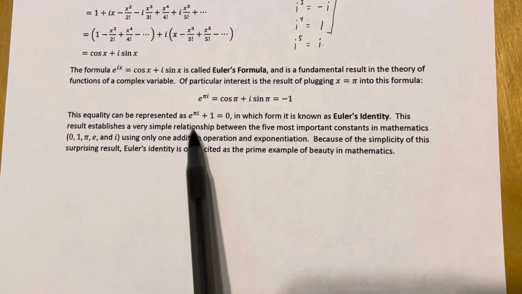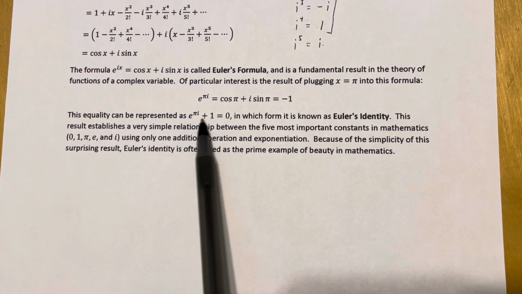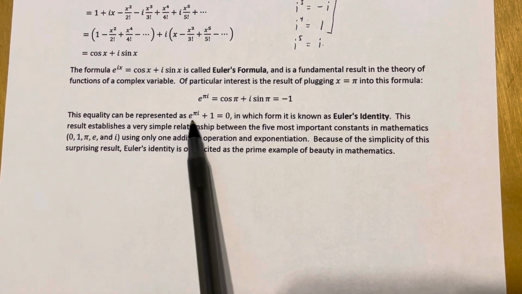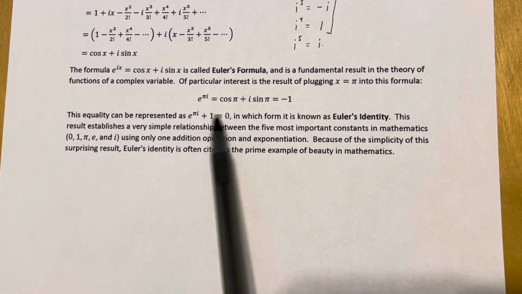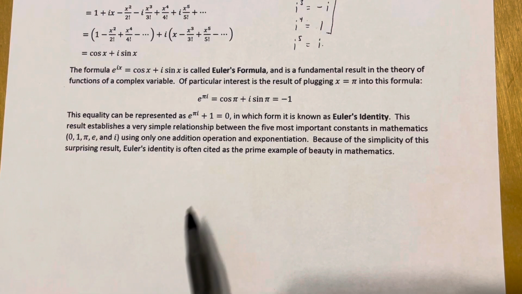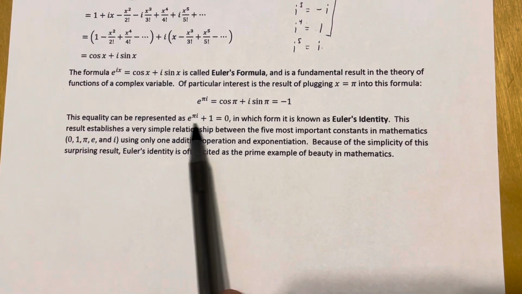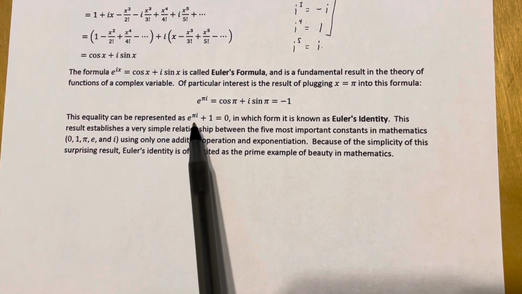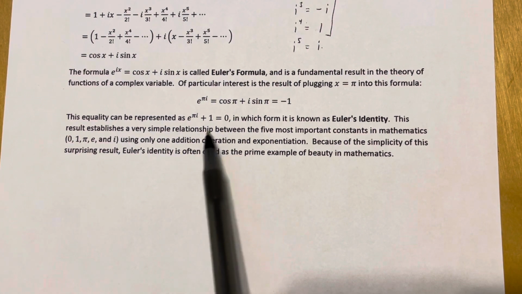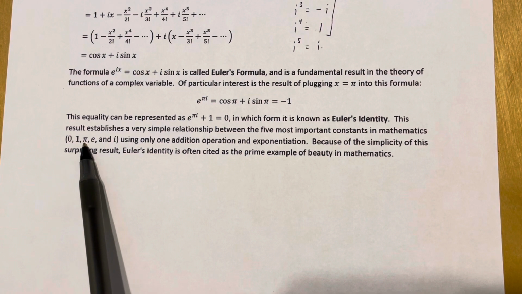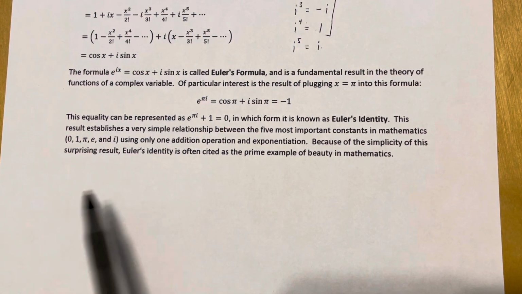And as a mathematical result, it doesn't have super far-reaching implications. It's more what people oftentimes cite as an example of beauty in mathematics. And the reason for that is because it's a very, very simple equation. It involves the 5 most important constants in the entirety of mathematics, which is 0, 1, pi, e, and the imaginary constant i.